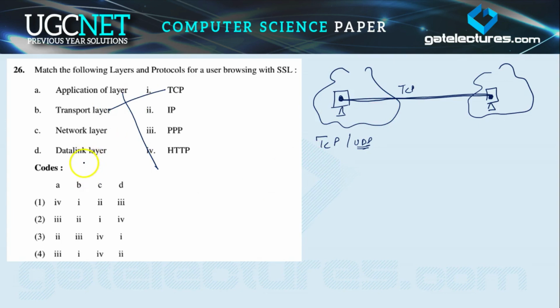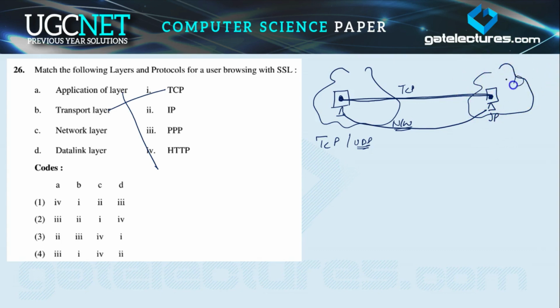Now the next one is network layer. Network layer is used for the transmission of data from one host to another host which is located in a different network. So host to host delivery. In order to identify each host in that particular network, we need some addressing, and that addressing we call IP address, so that we uniquely identify a particular host.